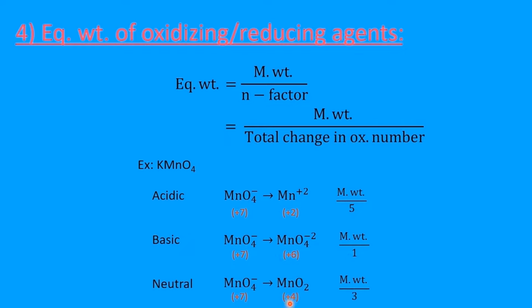Okay, here one doubt arises: what is oxidation number? That I will explain in another video. Please watch the video on how to get the oxidation number and how to observe the change in oxidation number. That is a different video. Please remember acidic medium, basic medium, neutral medium: 5, 1, 3.